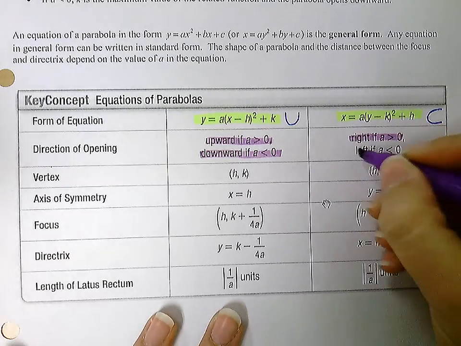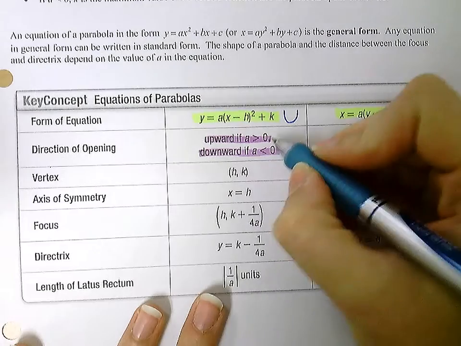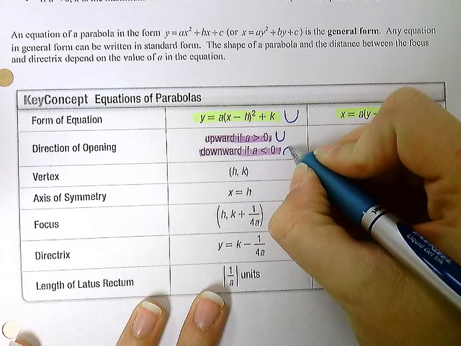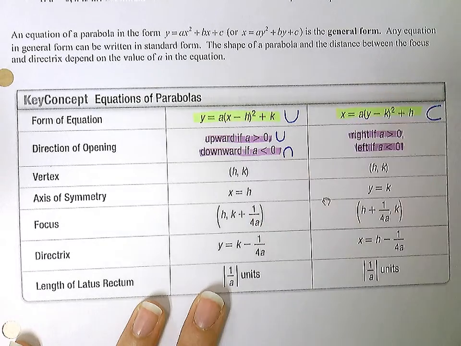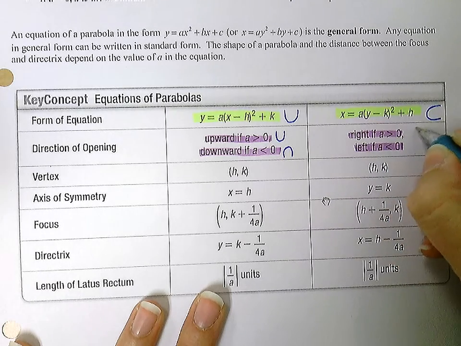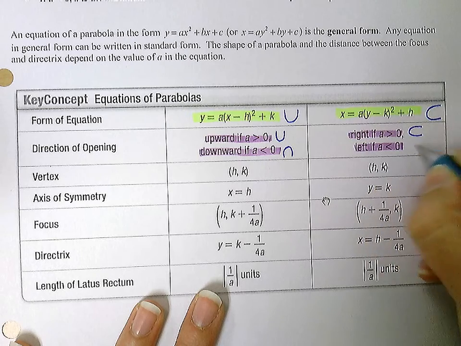And if a is less than 0, or negative, it'll open towards your negative values, so to the left. Okay, and I'm going to write that here. So if a is greater than 0, opens up. Less than 0, opens down. If a is greater than 0, to the right. If a is less than 0, to the left.